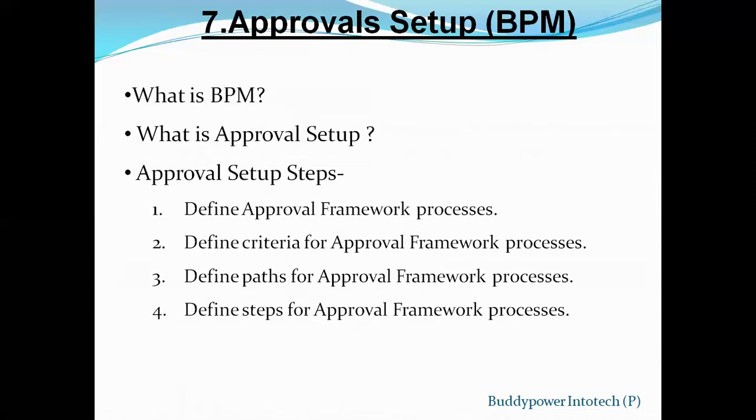Then the users include one or more Fusion applications, wherein, for example, you need an approval from the payables department. If you need to do a certain transaction, you need an approval from some other department. That setup needs to be done in the approval setup process.